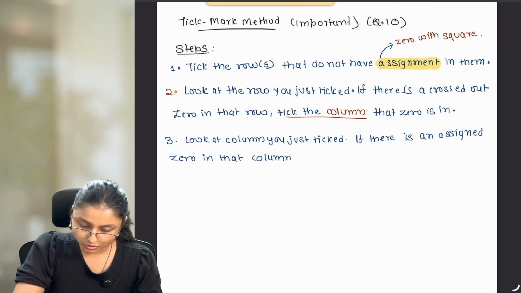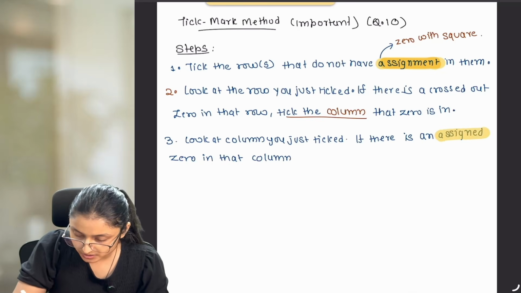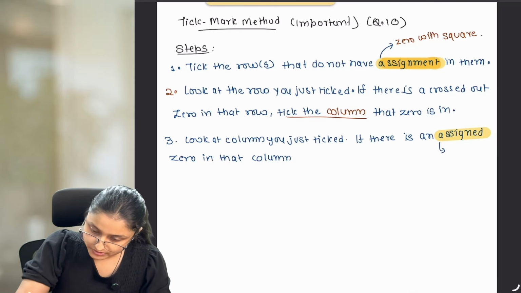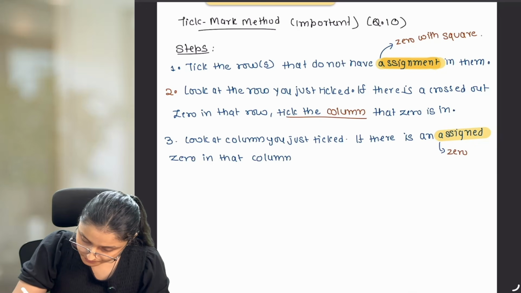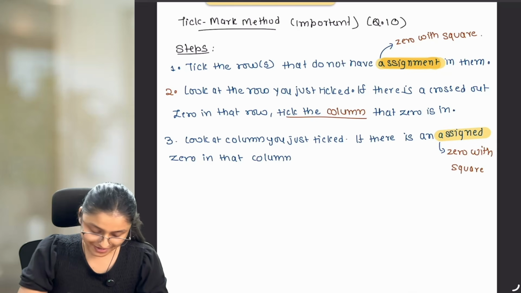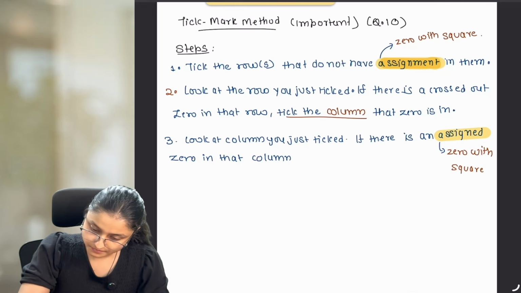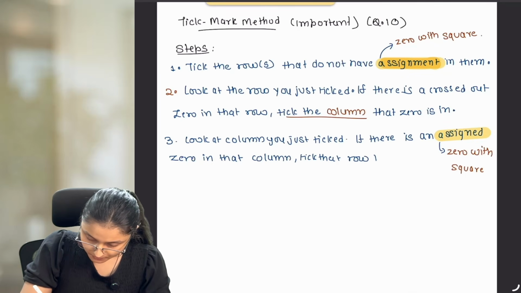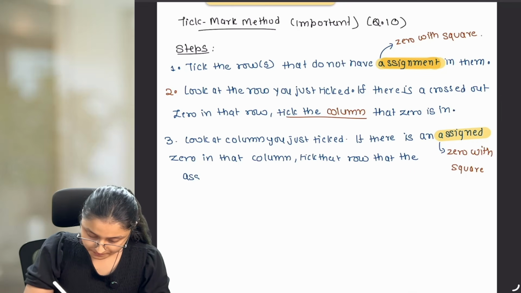I already wrote here that assignment means 0 with square. Here also, if you want better clarity, you can write that it is 0 with square. Look at the column you just ticked. If there is an assigned 0 in that column, tick the row that the assignment is in.